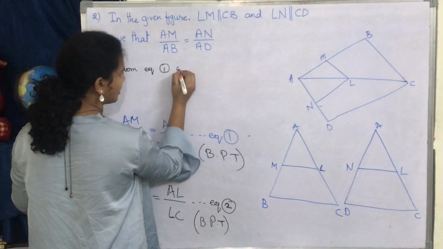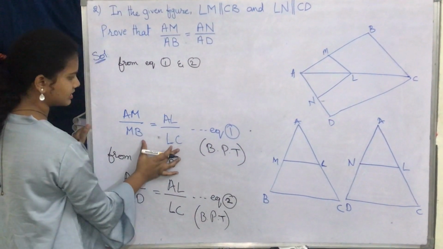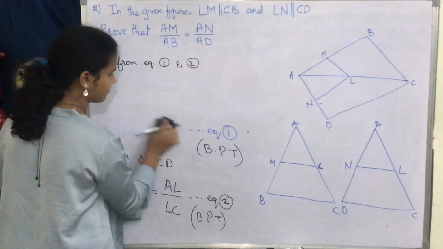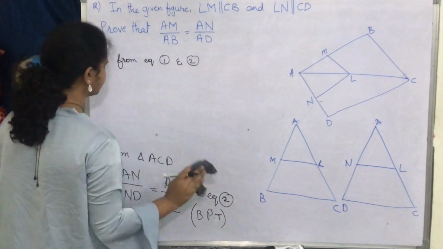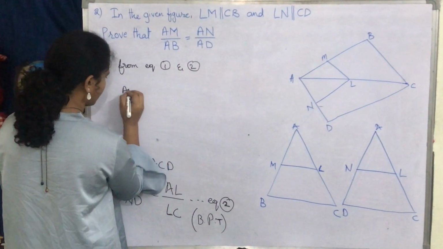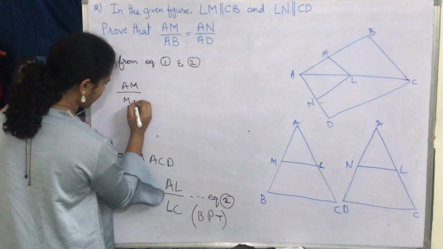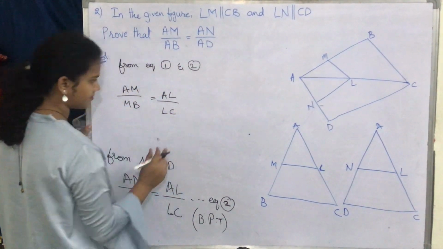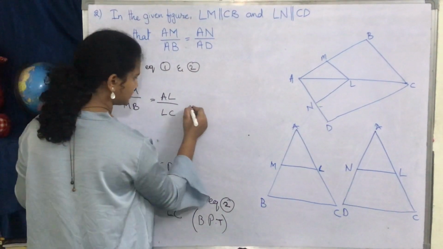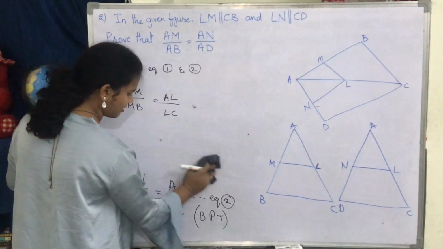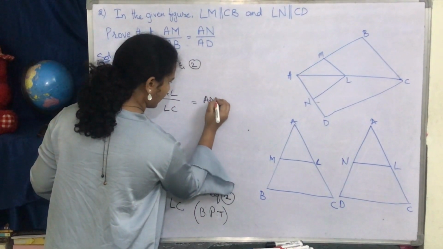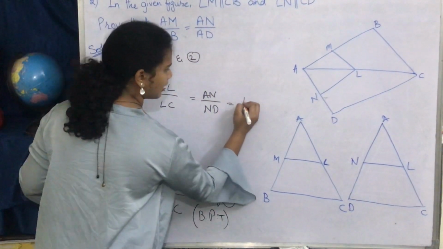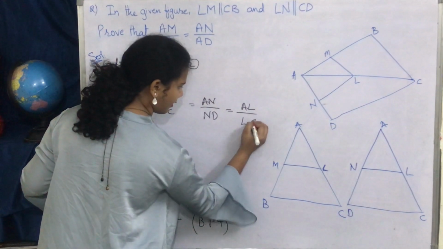The first equation here you have AM by MB equals AL by LC, which is equal to the second equation, AN by ND equals AL by LC.